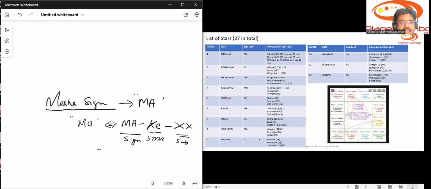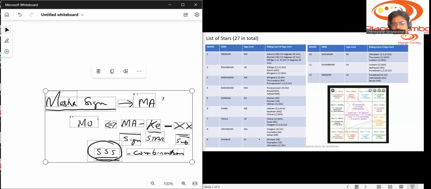We call it the triple S combination. This is a very important element of any chart. Readers should understand the triple S combination, sign, star, and sub, of any planet or any cusp for that matter. This is how every cusp or every planet is divided into the triple combination.